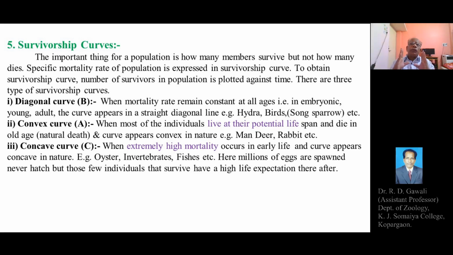We will repeat the information regarding survivorship curves again.